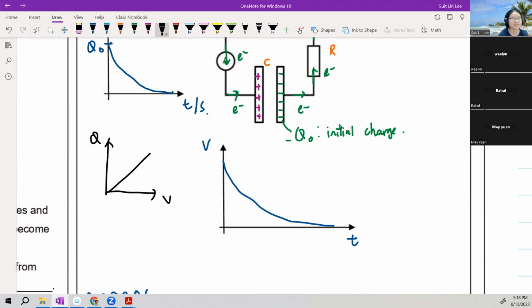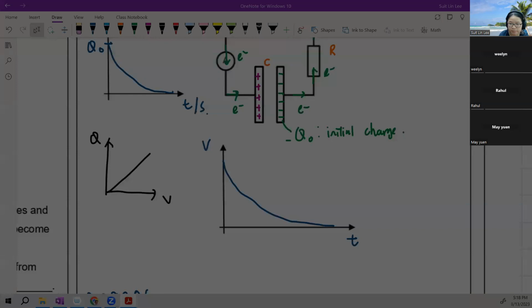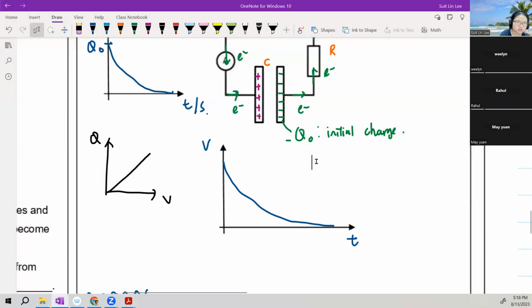All right. Second thing you need to know is the equation. If I pull up a question paper, where's my question paper? There we go. The equation of the capacitor charging and discharging is actually given to us. You are given this discharging of a capacitor.